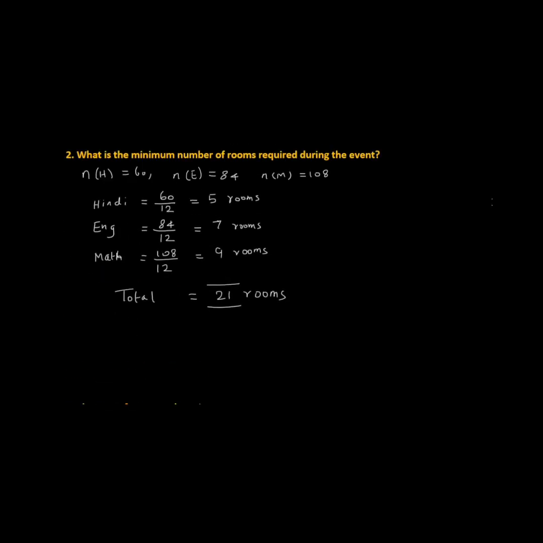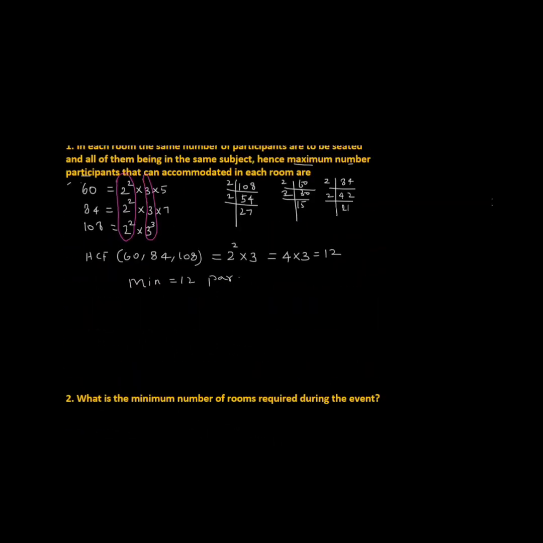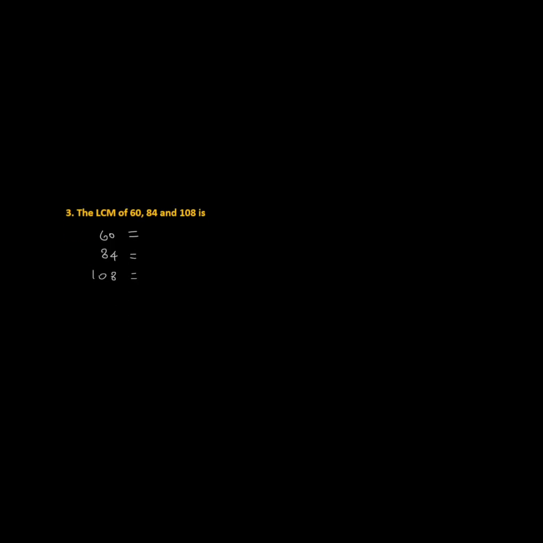Then the LCM of 60, 84 and 108. Once again we will write the prime factors. For 60, the prime factors are 2 squared, 3, 5. So 2 squared into 3 into 5.